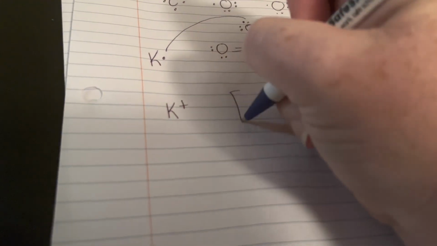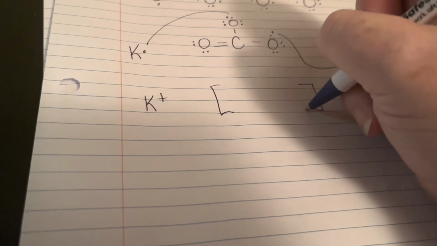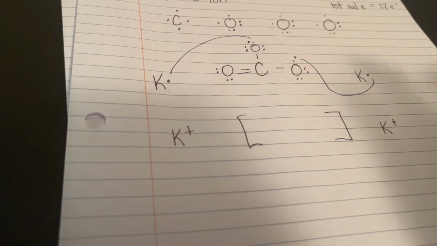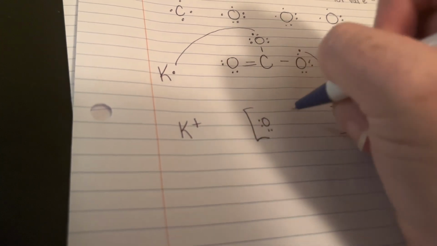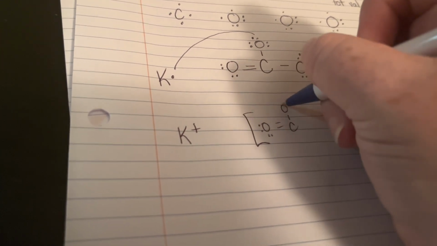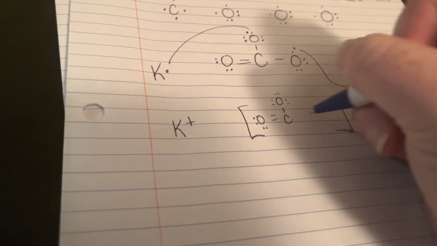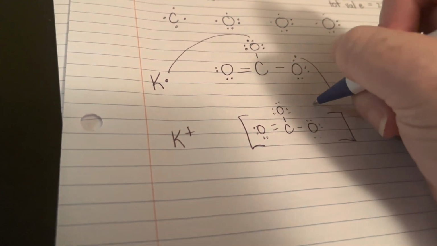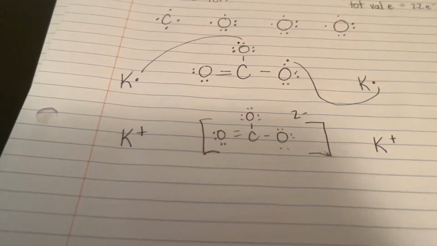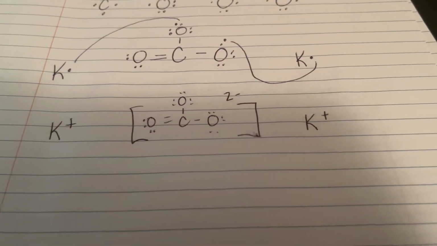And then I'm going to put this in parentheses because that's my center molecule. I redrew it, and it is going to have a -2 charge, right? Because it gained 2 electrons.